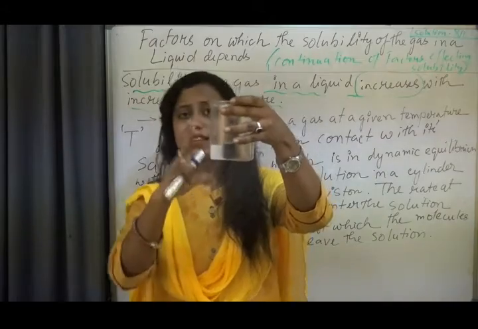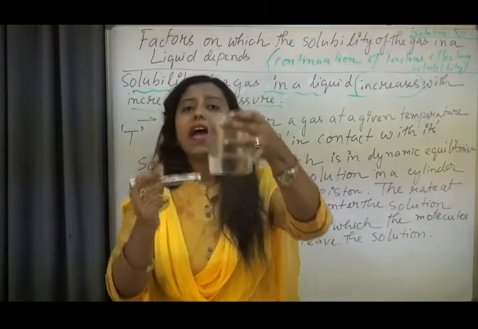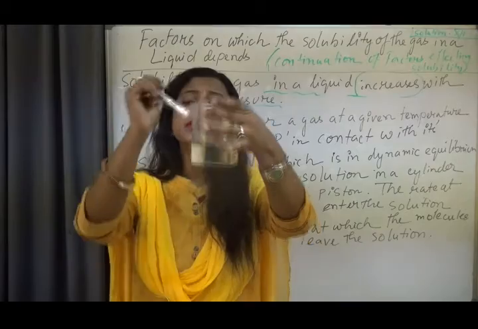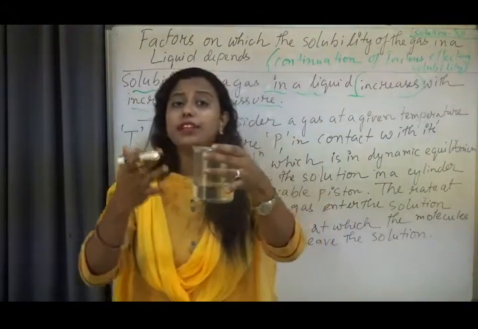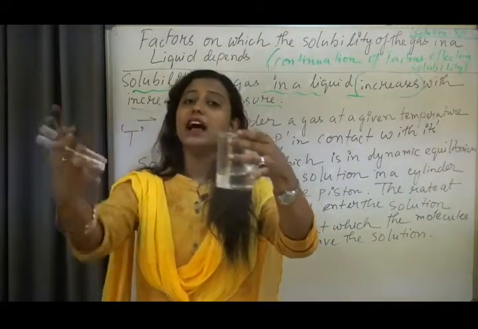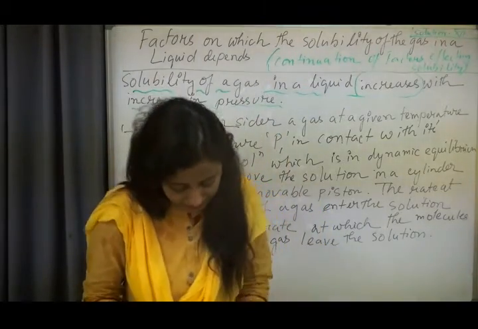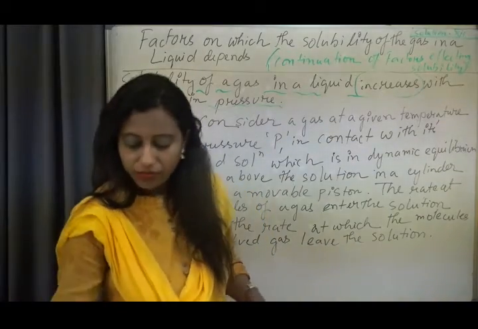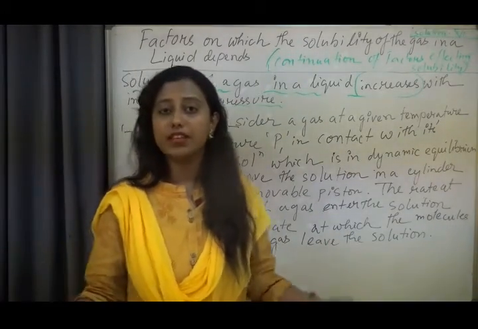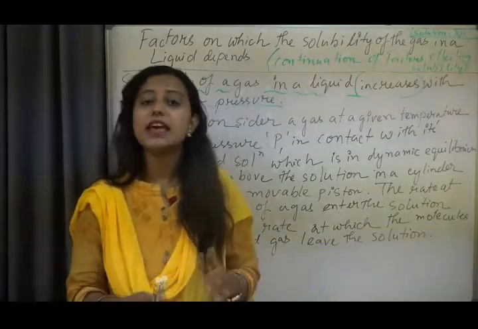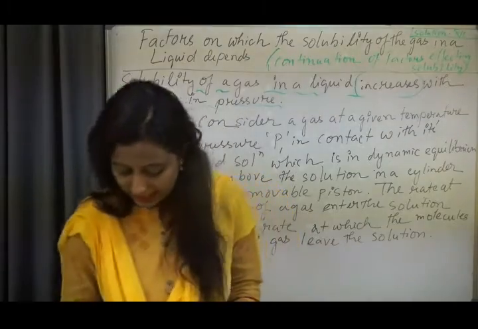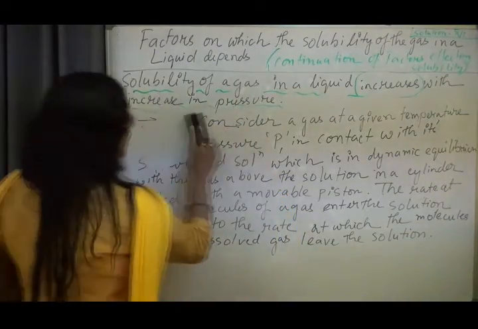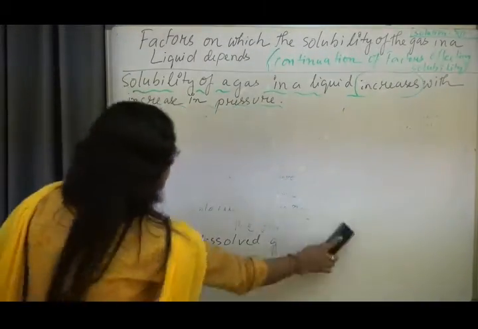Assume that some gas is liquefied, and when the rate of dissolution of the gas at P1 is equal to the rate of the gas leaving the solution, we can state that the volume of the gas changes as soon as we apply pressure. This can be shown with the help of a diagram which I am trying to draw in front of you.